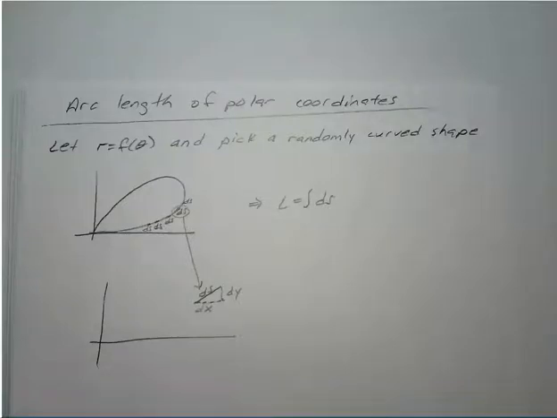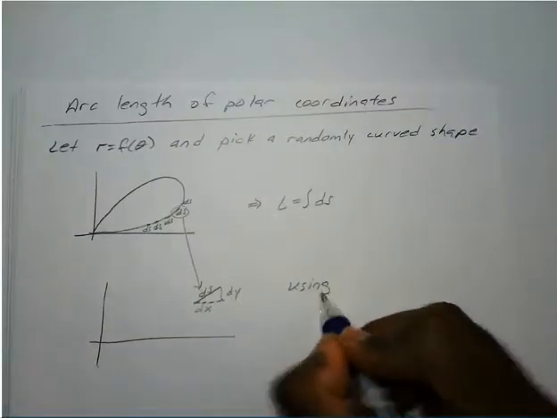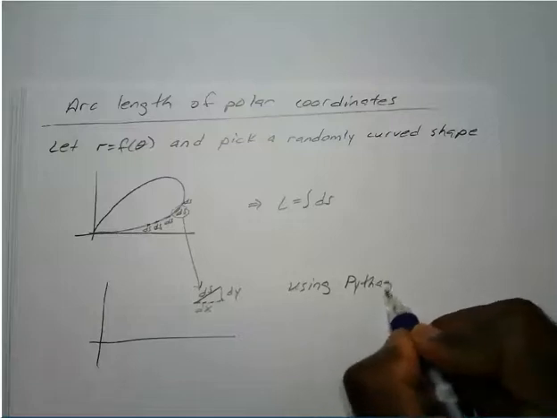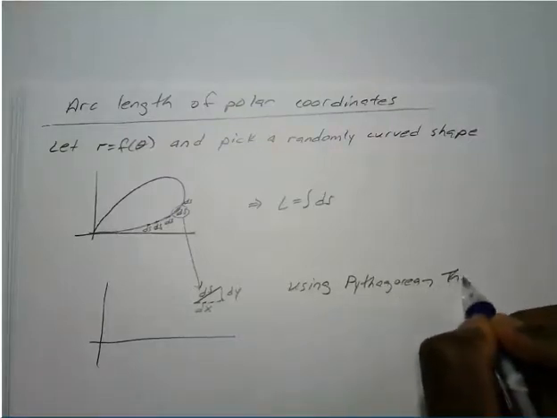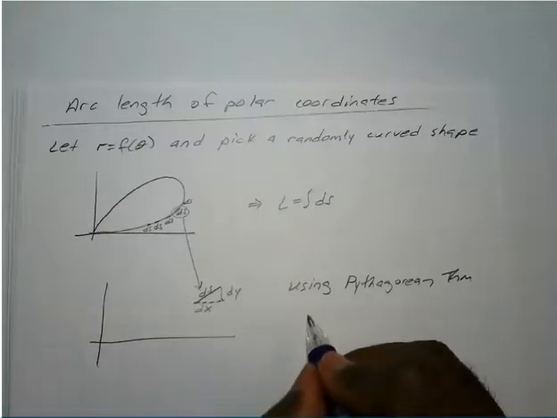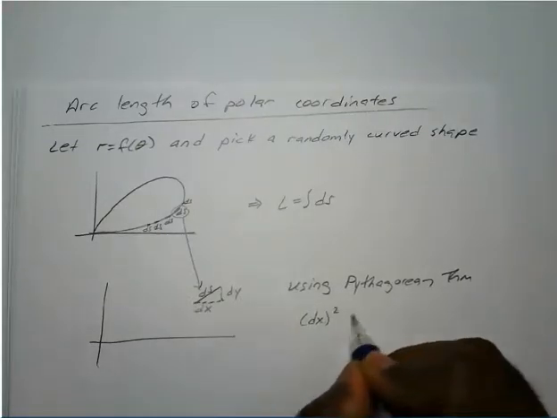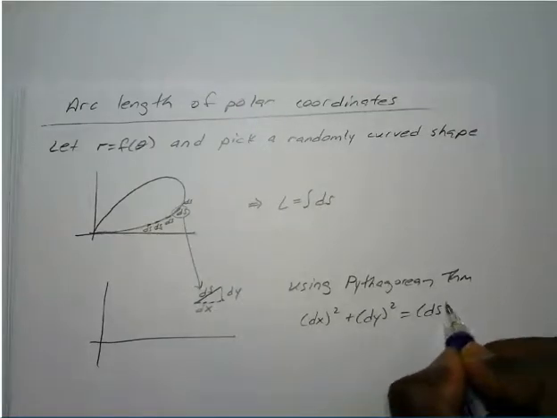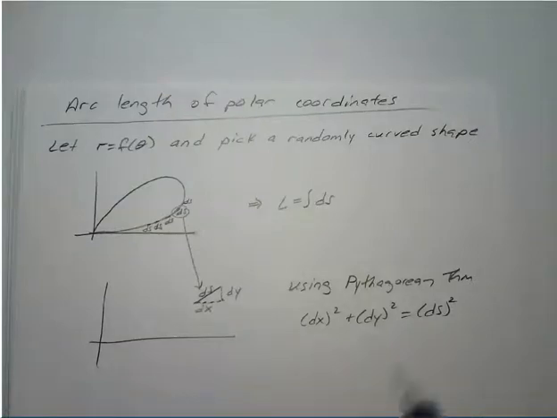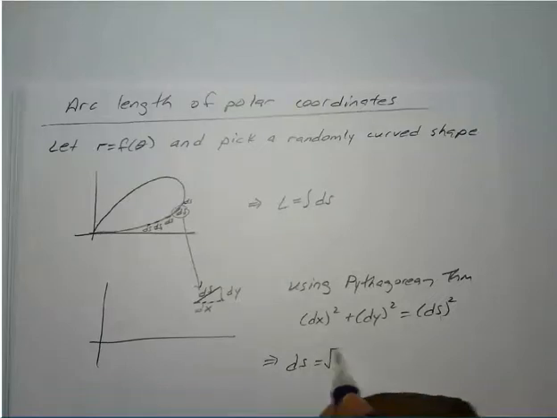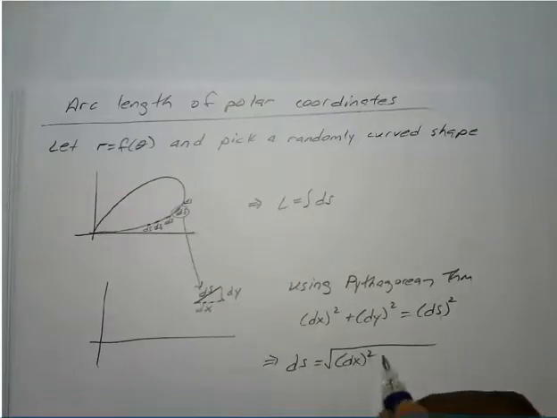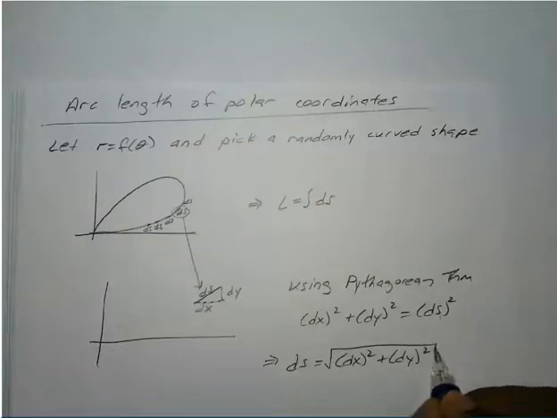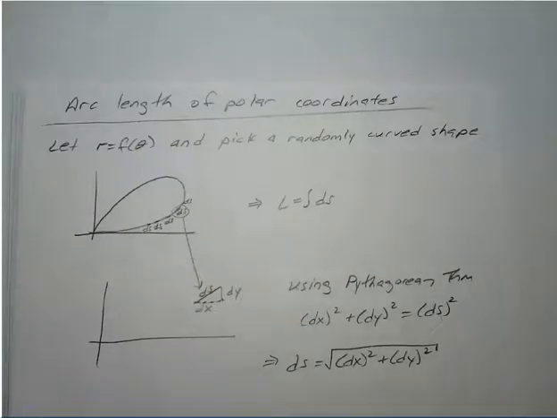So if we use the Pythagorean theorem, we know that dx squared plus dy squared equals ds squared. Or if we square root both sides, that gives us ds equals the square root of dx squared plus dy squared. Okay, so where do we go from here? Glad you asked.